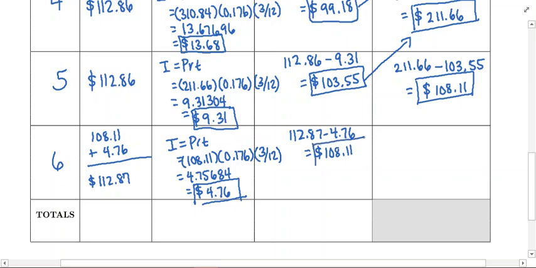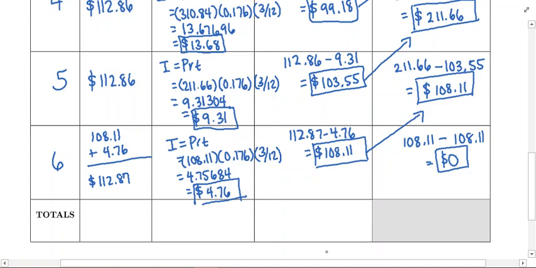That amount is going to be used to pay against the principal here, which is exactly the outstanding balance, $108.11. So what is left to owe? You take your previous balance, subtract out the non-interest payment, and you end up with a zero balance. The washing machine has been paid off.